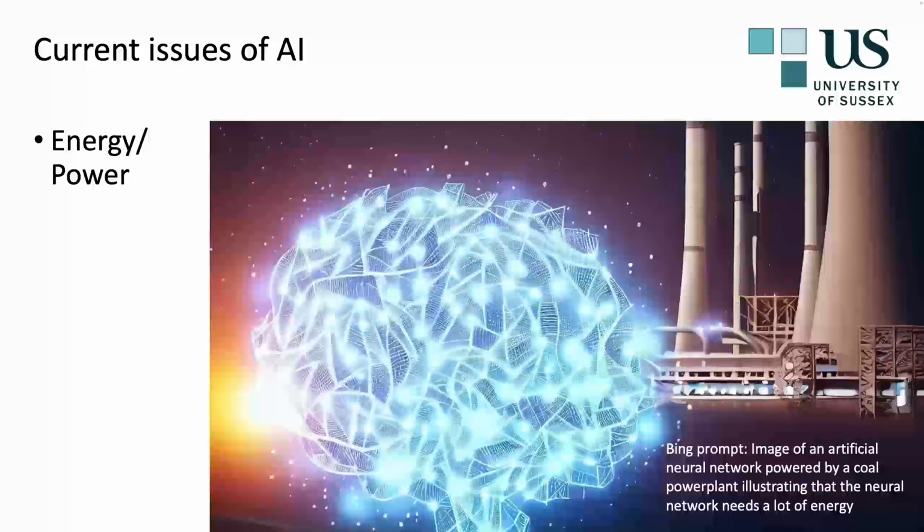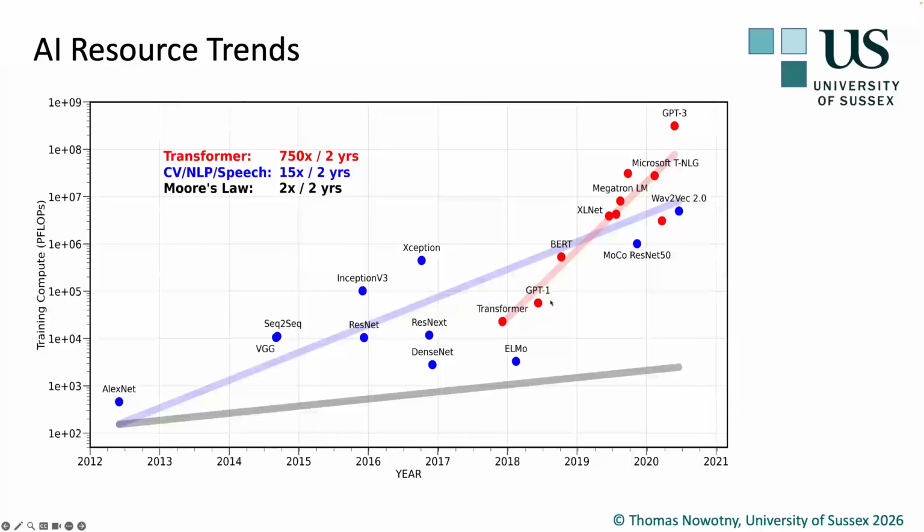If you look at the data, you can see that these models have grown at a pace that is clearly not sustainable. Here's a plot of years against the compute that's needed to train one of these models, and these points are different types of models. This is getting a bit old now.